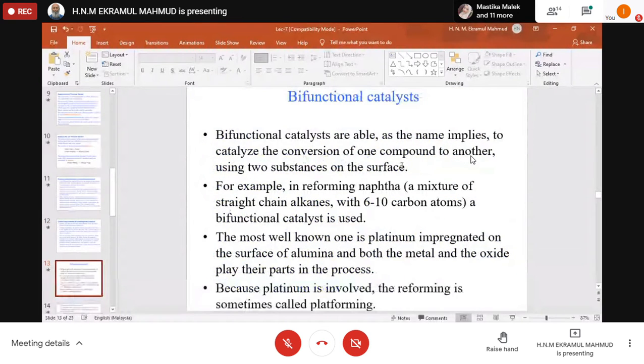Bifunctional catalyst, as the name suggests, has two parts, that is, two jobs, it does two functions. For example, in reforming naphtha, naphtha is a mixture of straight chain hydrocarbons of 6 to 10 carbon atoms. A bifunctional catalyst is used for that case.